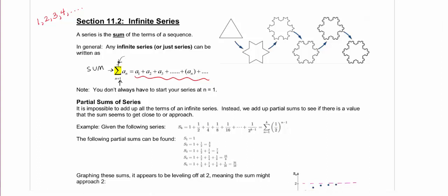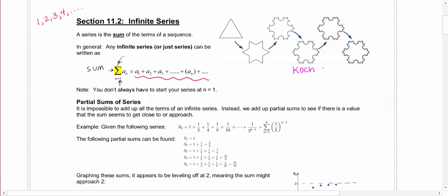Now this image that I've provided for you over to the right is a really special snowflake. You can actually look it up if you want to, and it's the Koch snowflake. If you start with an equilateral triangle and break it up, at each step of the process that middle third is broken up.